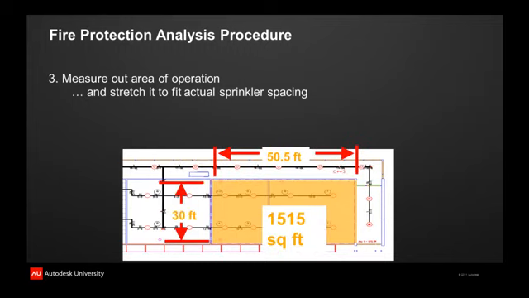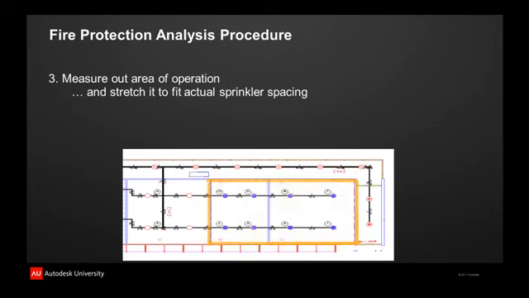And now the area is still longer than 1.2 times the square root of 1,500, and for these 8 totally operating sprinklers, the total area comes out a little more than 1,500, 1,550. Very good.